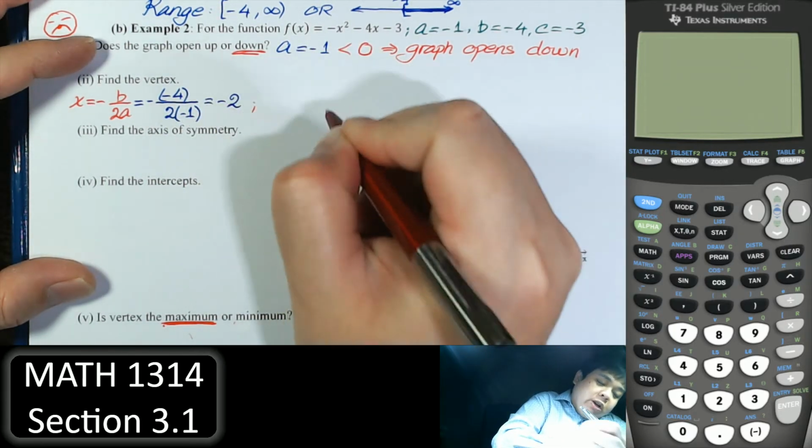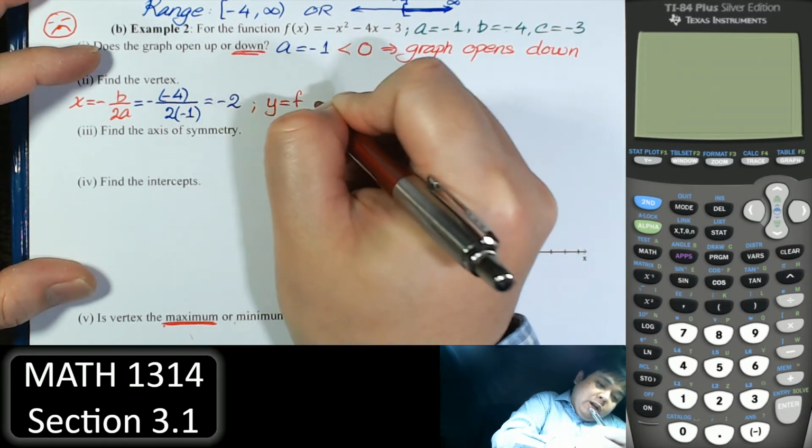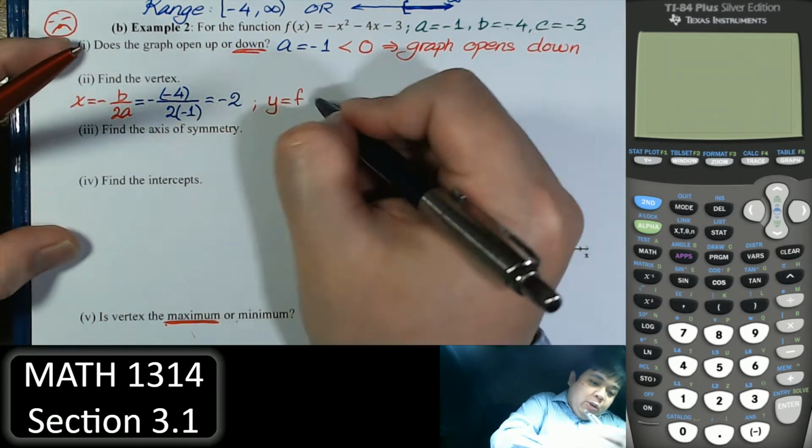The y coordinate of the vertex is just equal to the value of the function evaluated at -2.